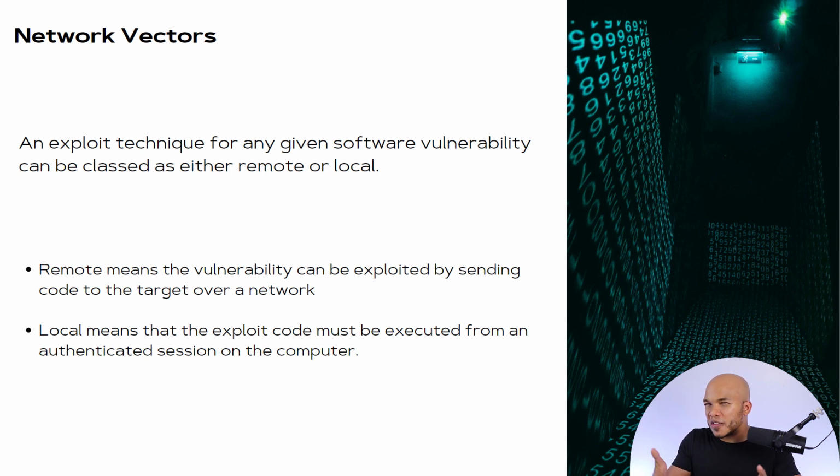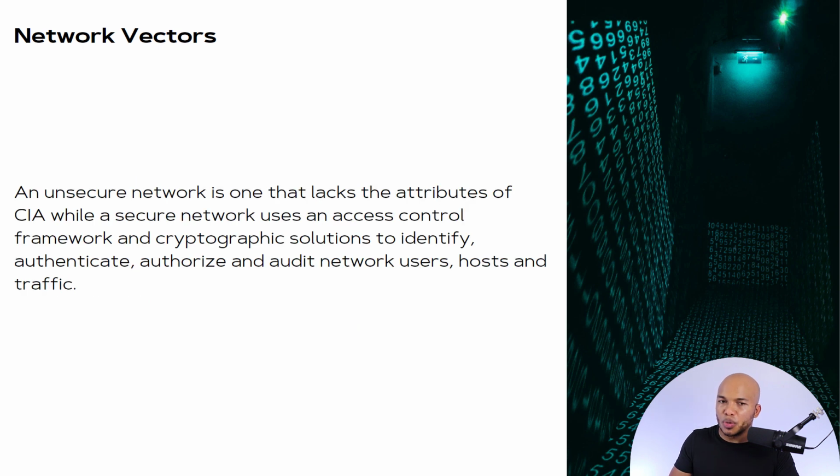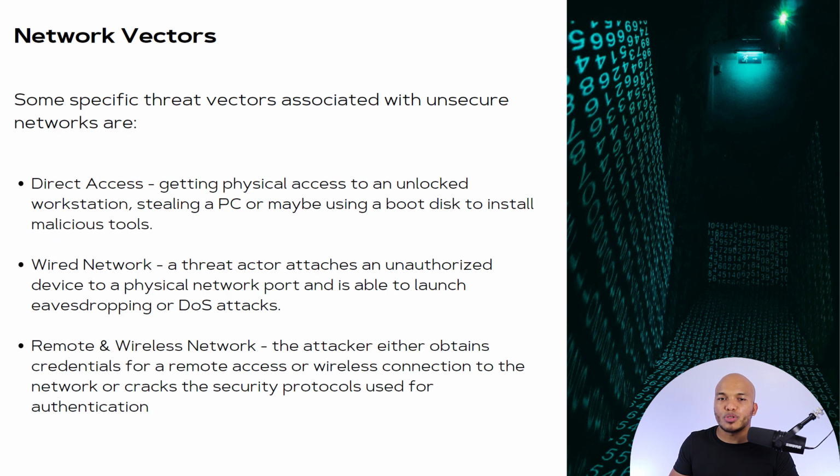It typically requires physical access to the computer. So an unsecure network is one that would lack the attributes of confidentiality, integrity, availability, CIA, while a secure network would use an access control framework and cryptographic solutions to identify, authenticate, authorize, and audit network users, hosts, and traffic.